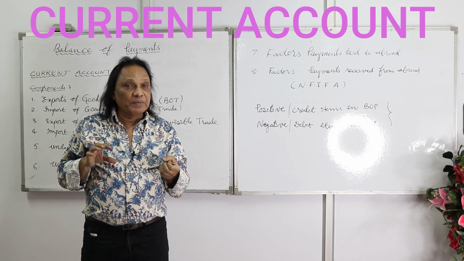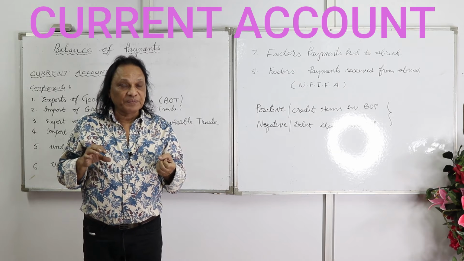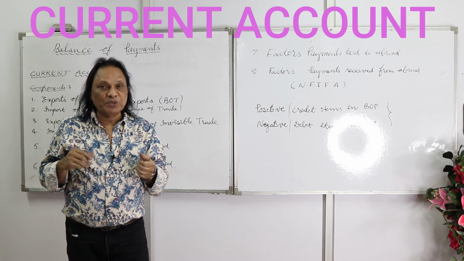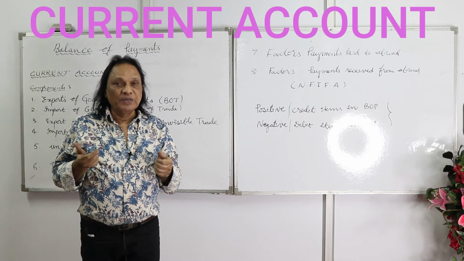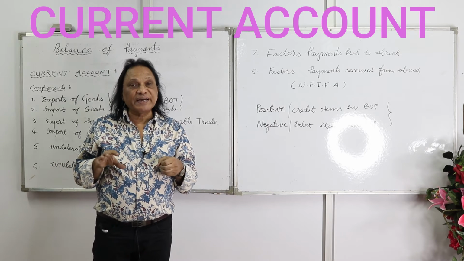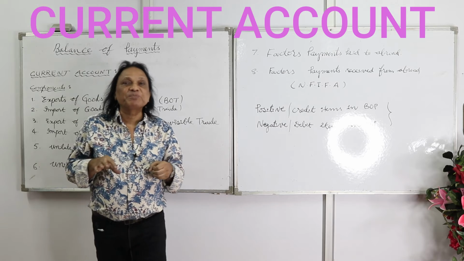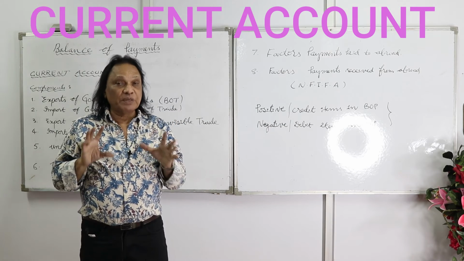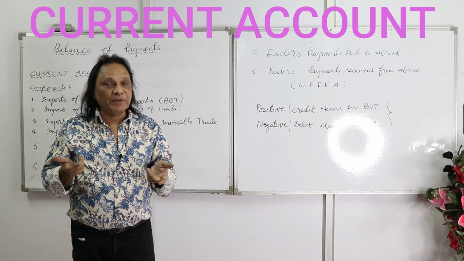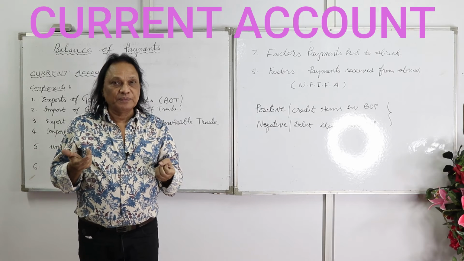In current account, we mean day-to-day transactions with the rest of the world in terms of exports and imports of goods and services. So what exactly is current account? It is the difference between exports and imports of both visible and invisible items in the balance of payments.